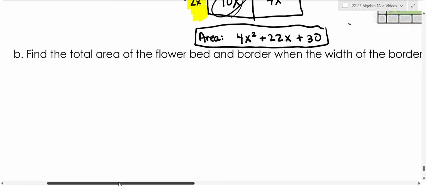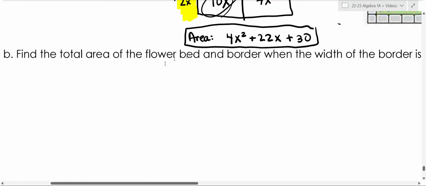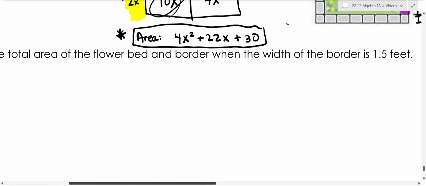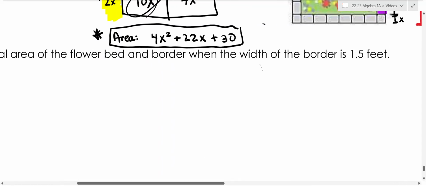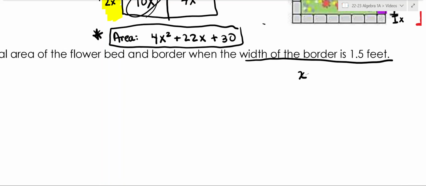B, find the total area of the flower bed and border. Okay, so that means that we're using the expression that we just found when the width of the border is 1.5. Width of the border, remember width of the border is x, so that means when x equals 1.5.